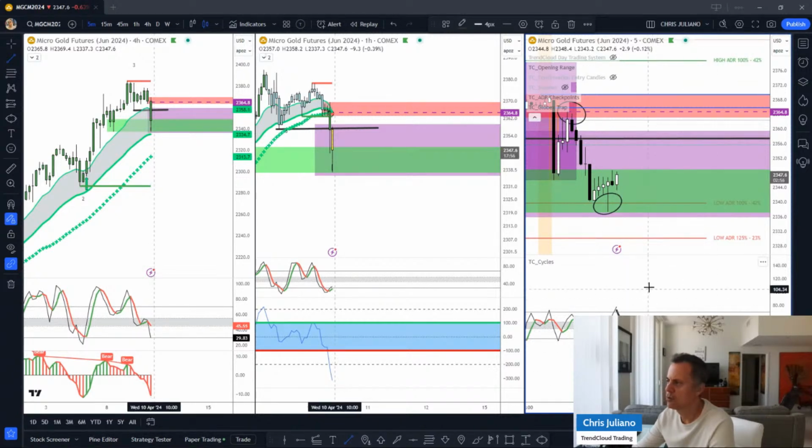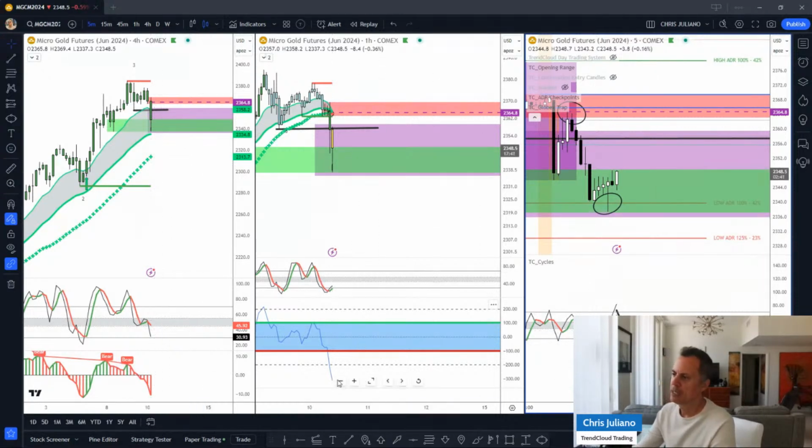That's the pattern that we're going to look for. I'm going to leave that on the chart and see if we could get that. You can see how the cycle indicator or our timing indicator is going to line up with this. We're already getting it. We're at the bottom of the cycle on the high time frame.